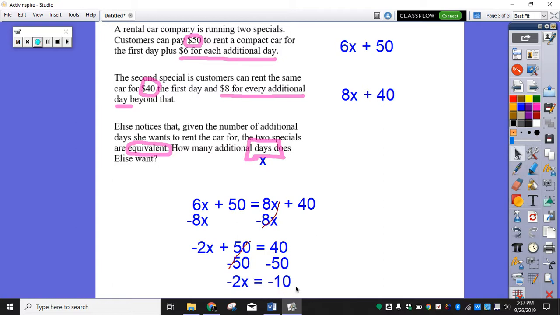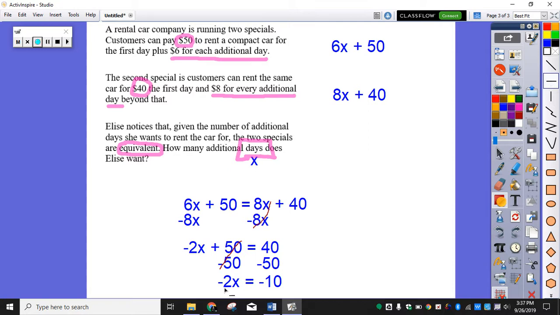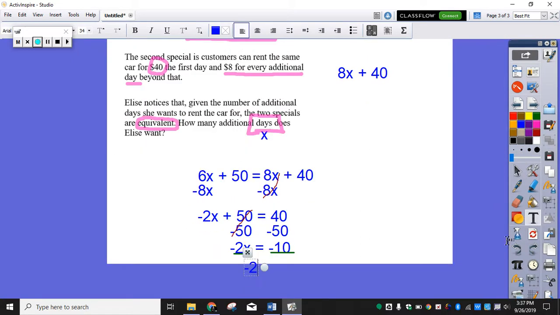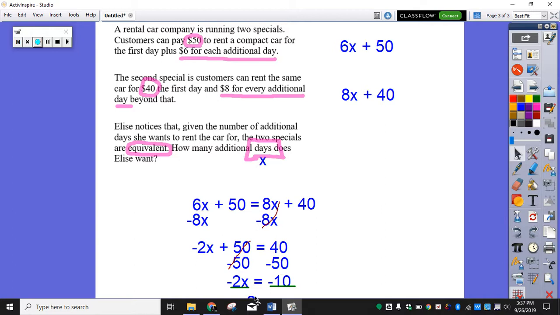And then if I have negative 2x, that's negative 2 times x. So the opposite would be to divide. So I can divide both sides by negative 2. And simplify that down. I'm running out of space here. Let me adjust.